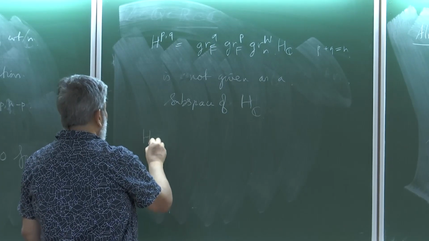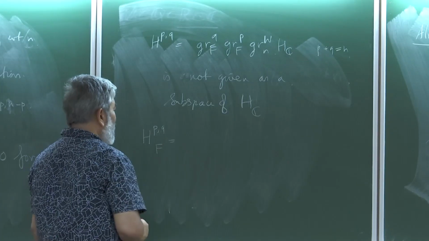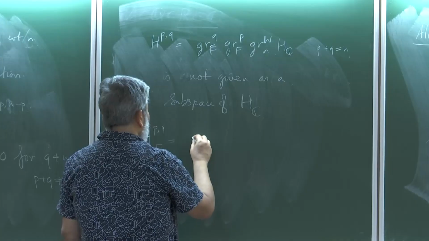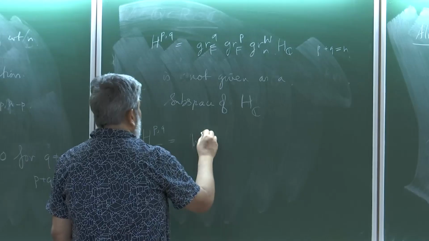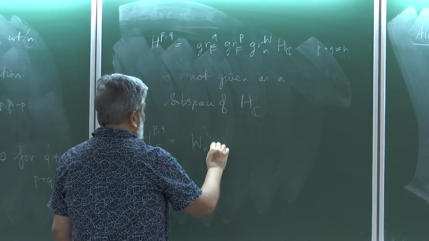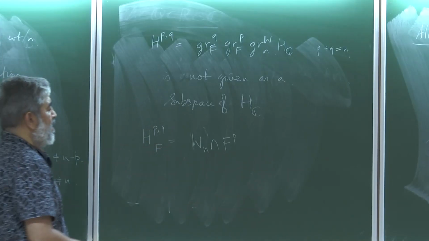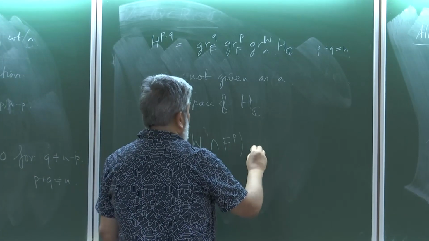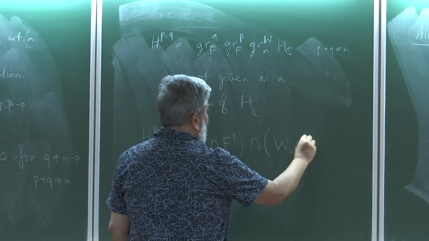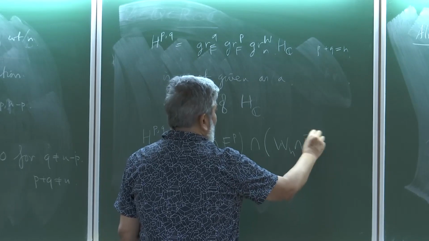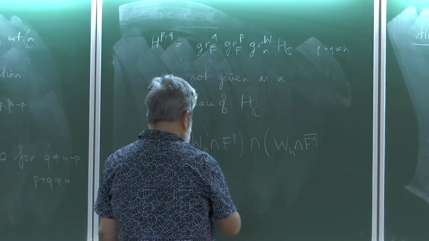So Deligne defines HPQ. I'm hoping I can do this without looking at my notes, but let me see. Okay. So P plus Q is n, W n intersection FP. So of course you expect this piece to be there. Right? And then you would expect the piece Wn intersection F Q bar, but in some sense there are some error terms.